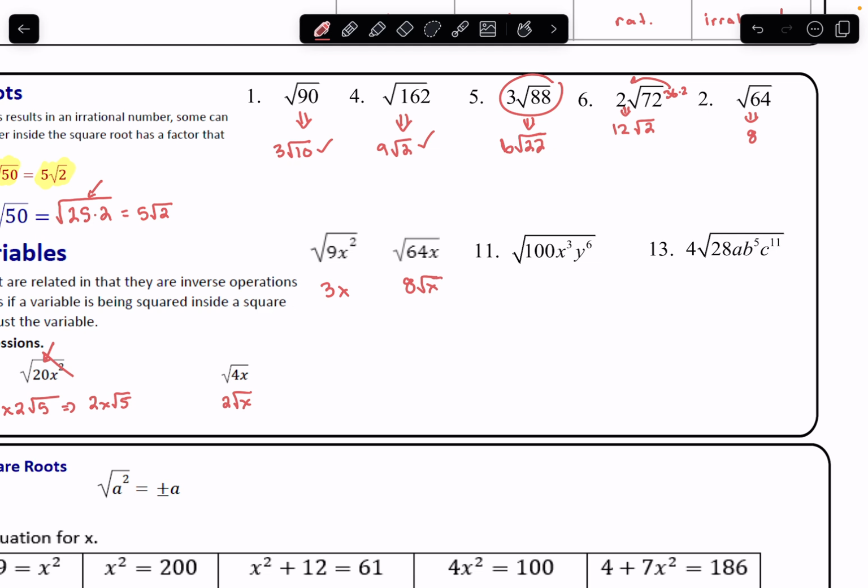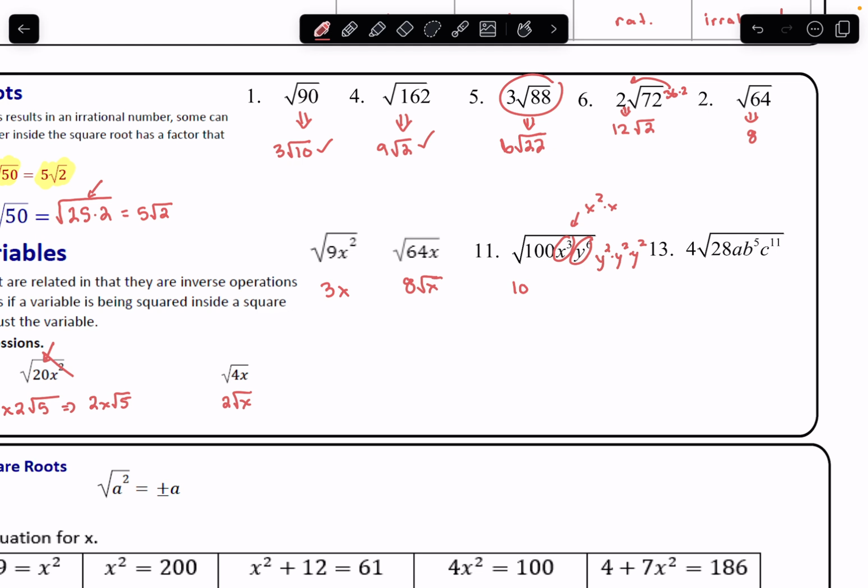Now, square root of 100 is 10. And then if I look at this x cubed and this y to the 6th power, these ones are a little bit tricky because I can also split those up into x squared times x, and the y to the 6th can be y squared times y squared times y squared.